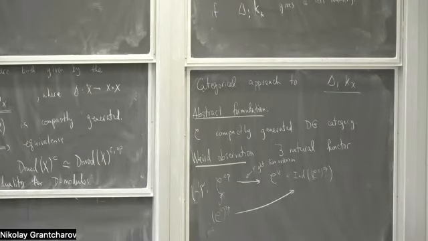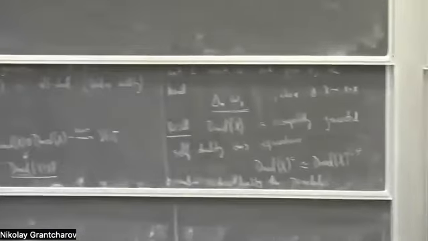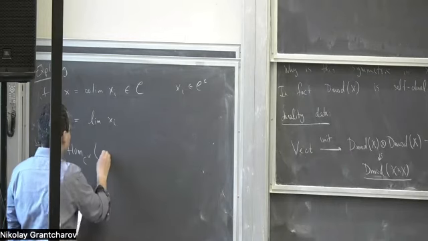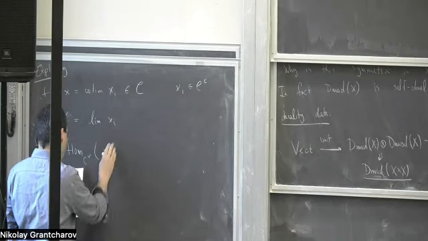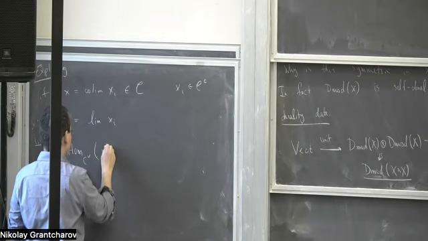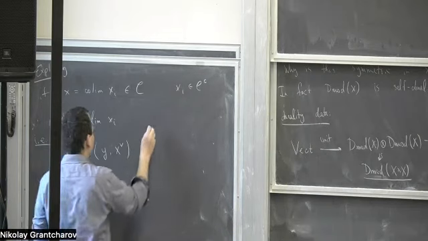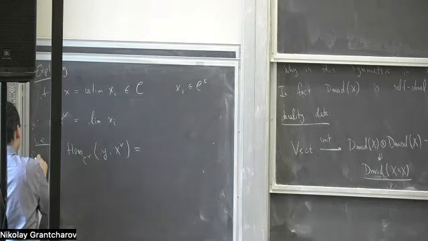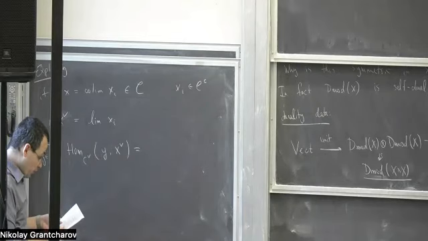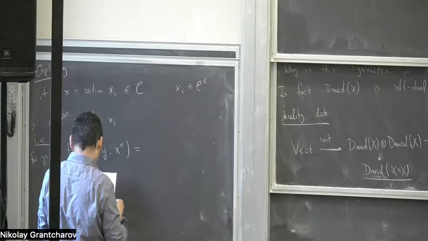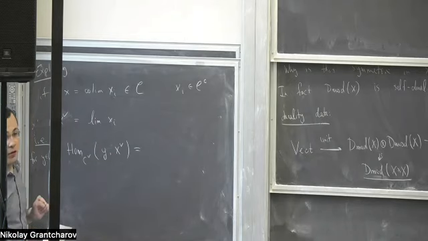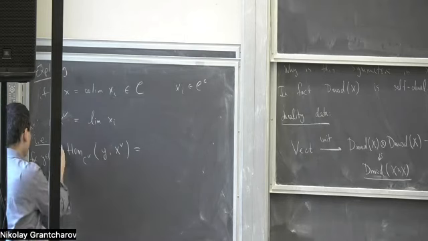So in other words, it's characterized by the following property: in this check category, maps from X check to Y check, for Y an arbitrary object, let's take it as a compact object.